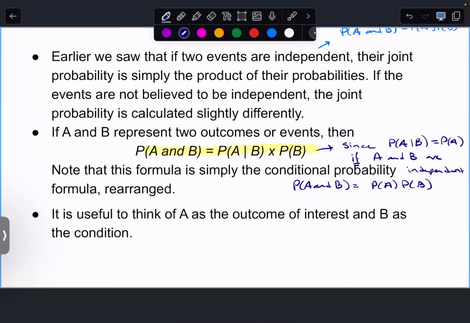Because that probability of A given B, well, it doesn't care about B, so then it just is the probability of A. So you don't need that special case, just like you don't need the special case in the probability of A or B formula, right? Where you subtract the overlap. Well, if there is no overlap, you subtract 0, right? So, okay.